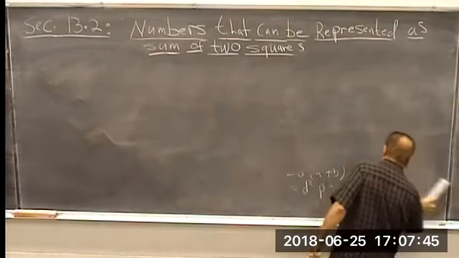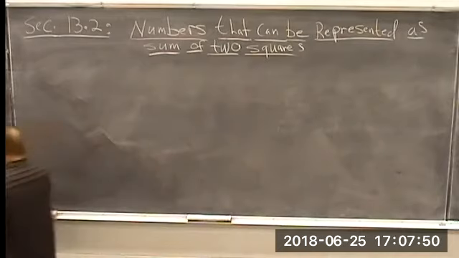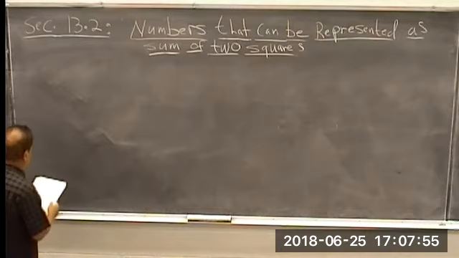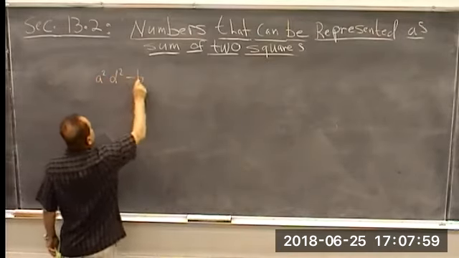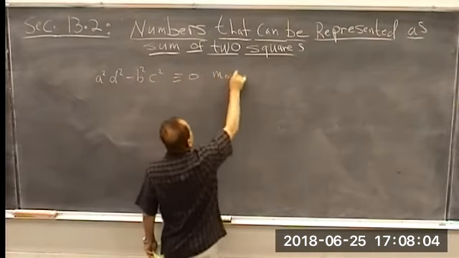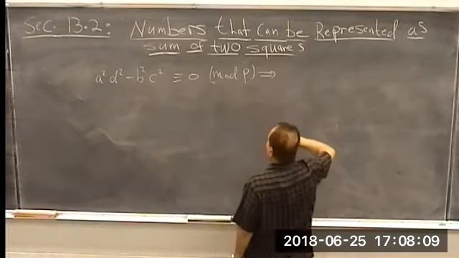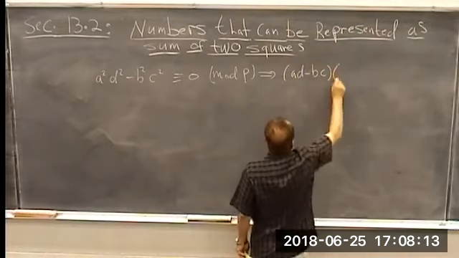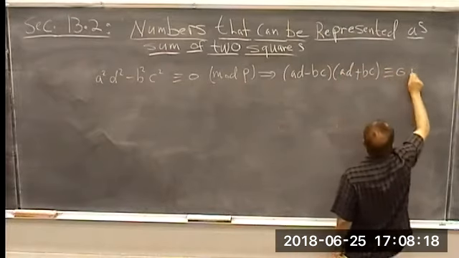So far, this one leads to this. Remember we have A squared D squared minus B squared C squared. So we proved this one is congruent to 0 mod P. And this in itself implies that AD minus BC times AD plus BC is congruent to 0 mod P.